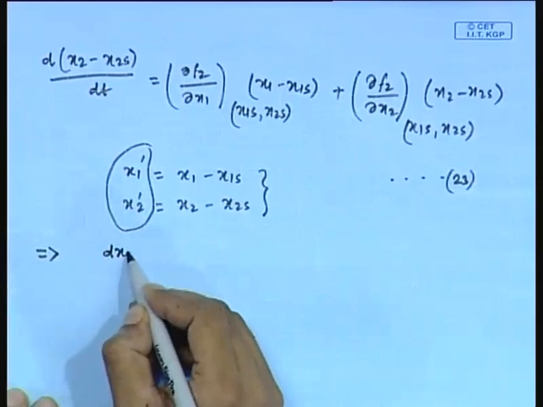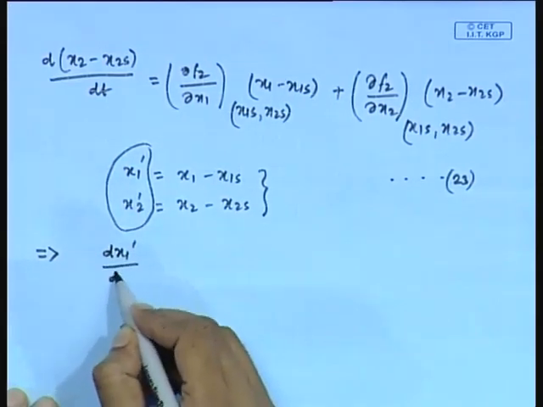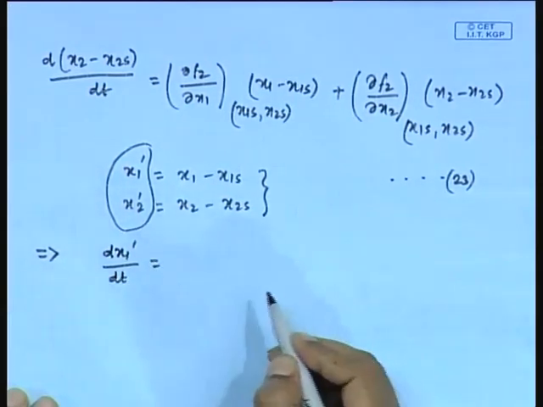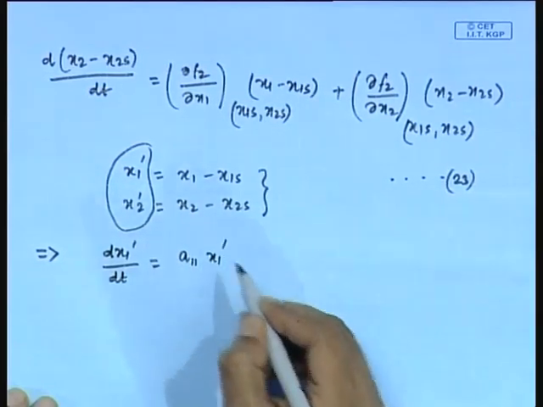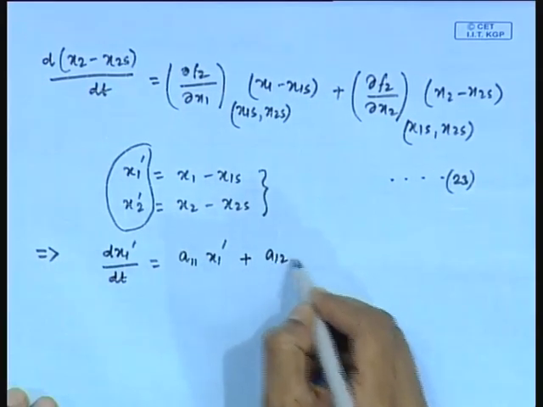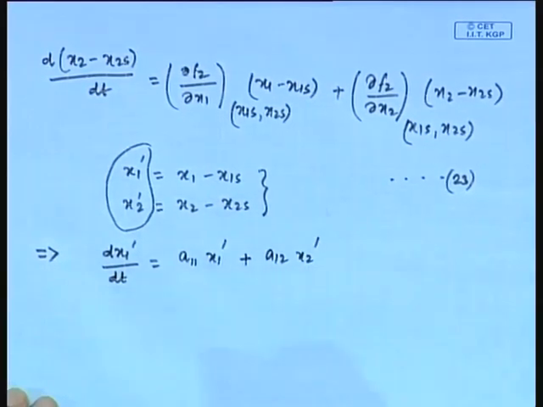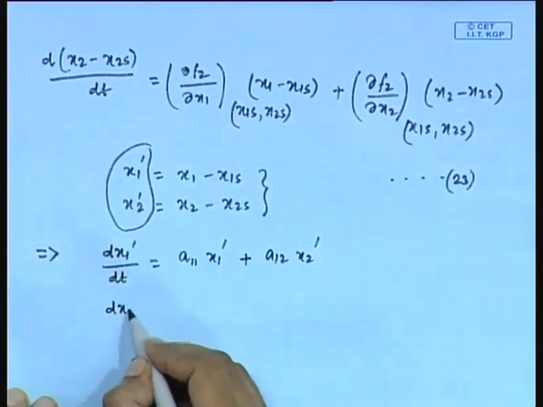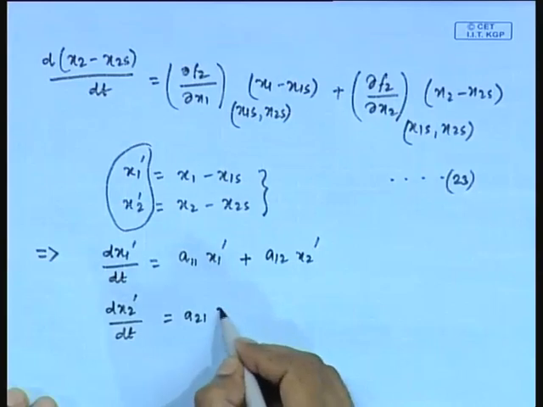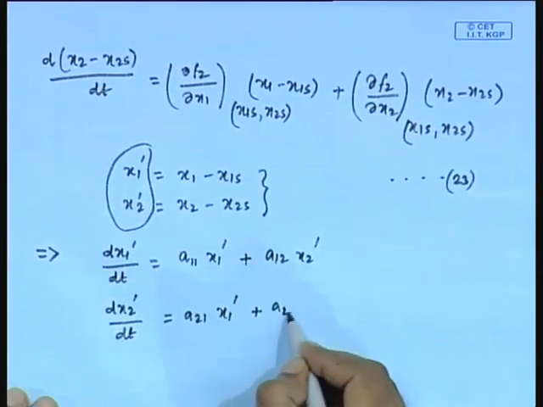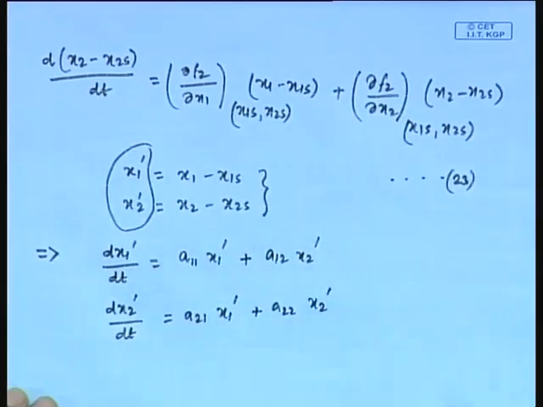So, dx1 prime/dt equals, suppose we are using coefficients A11, A12, and for the next expression we will use A21 x1 prime plus A22 x2 prime. If we write in this way, what will be the coefficient terms?